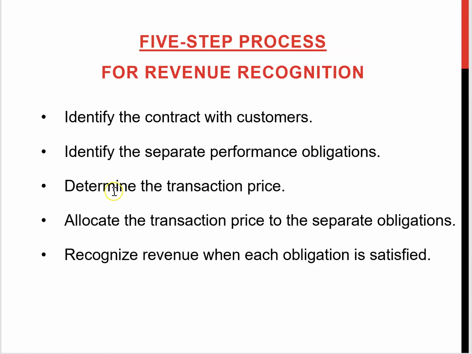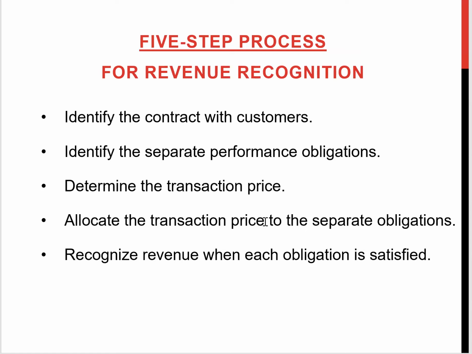Then you have to determine the price, or what we call the transaction price. And if you have multiple obligations in a contract, you have to allocate the transaction price to separate obligations. And then you have to fulfill all obligations and record the revenues. So these are the 5 steps we will learn throughout the chapters.